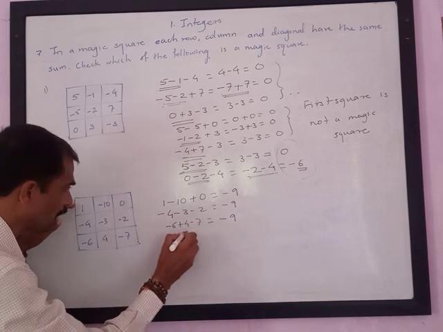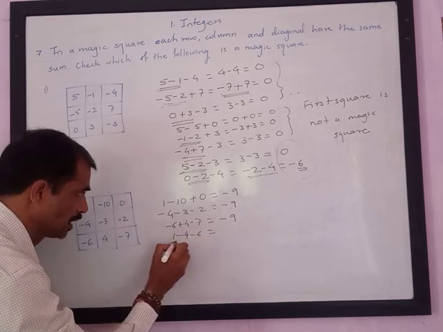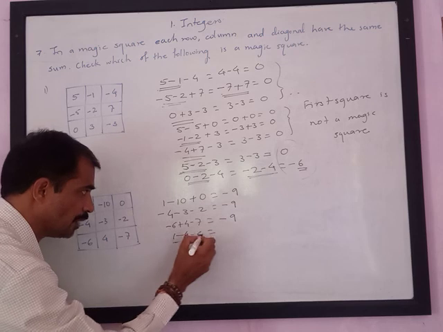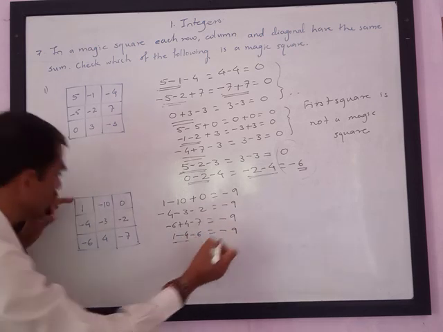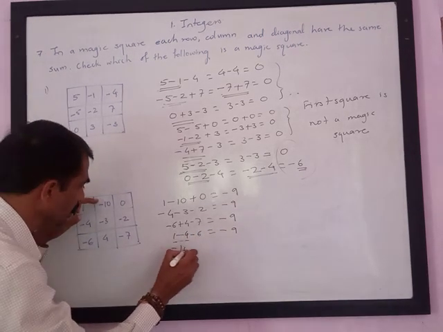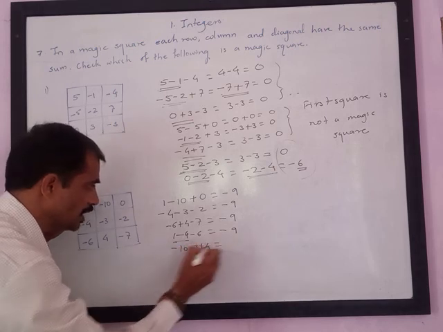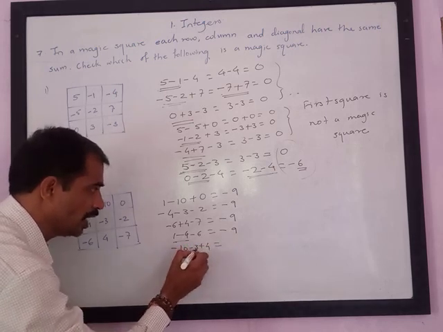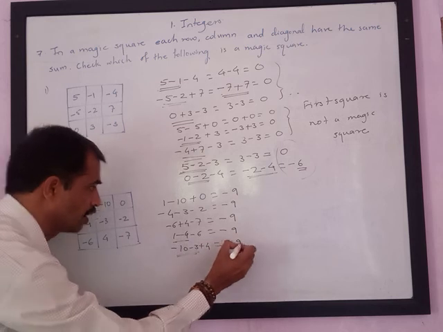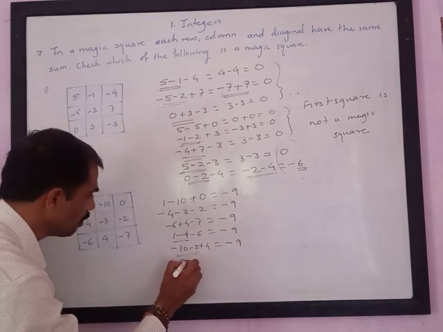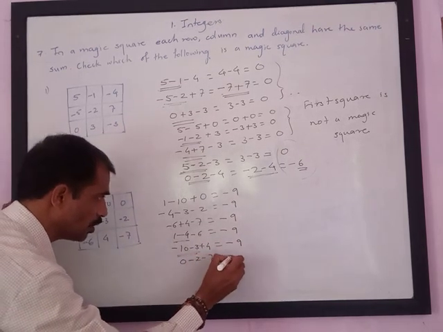Then the first column, 1 minus 4 minus 6, is negative 3, negative 3 minus 6 is negative 9. Second column is minus 10 minus 3 plus 4: this is negative 13, negative 13 plus 4 is again negative 9. Then 0 minus 2 minus 7 is equal to negative 9.